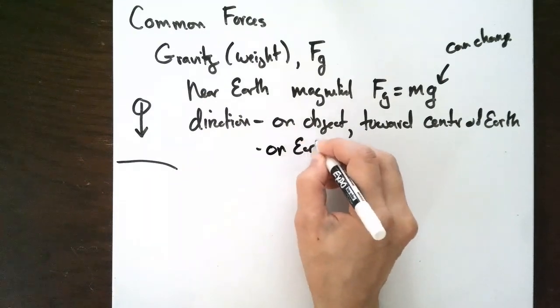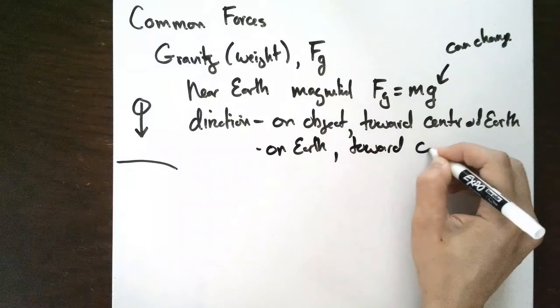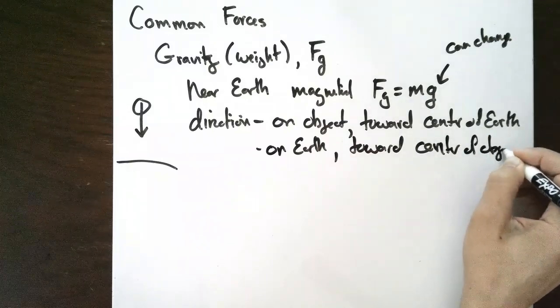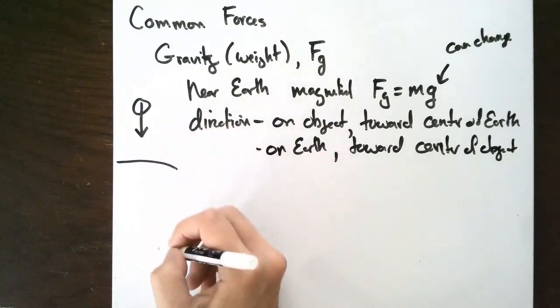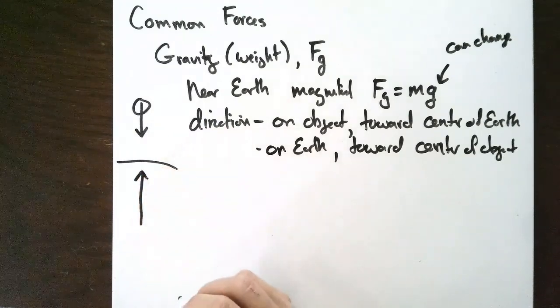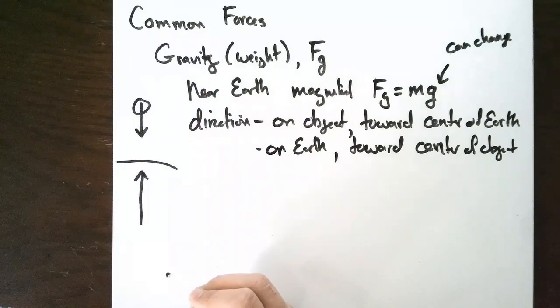Of course, Earth is also going to feel a reaction force to this gravitational force, and it'll be pointing up from the center of the Earth toward the center of the object. So gravity.